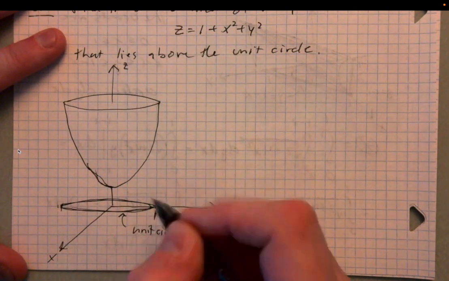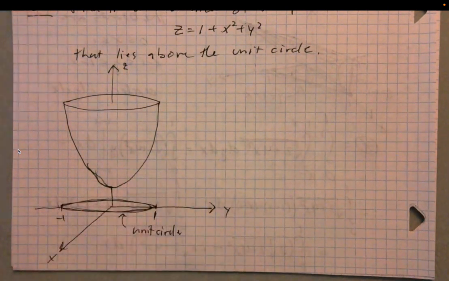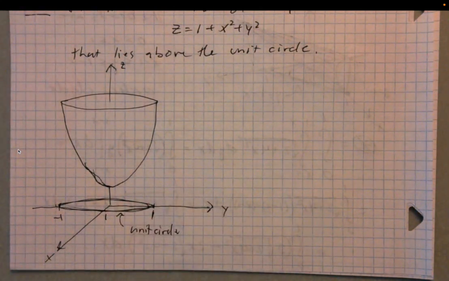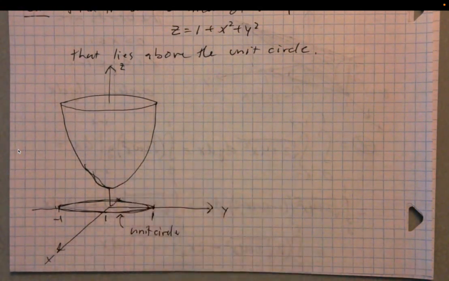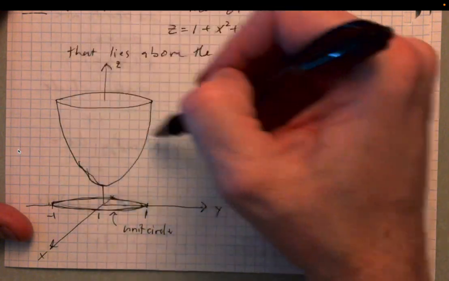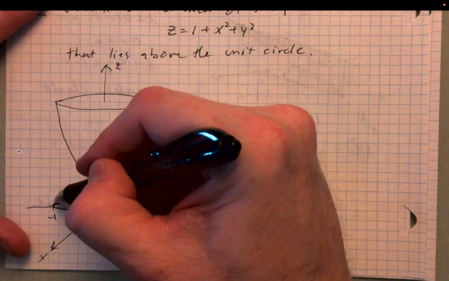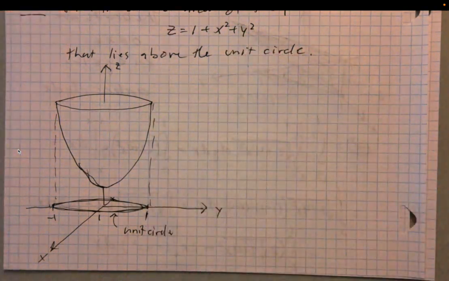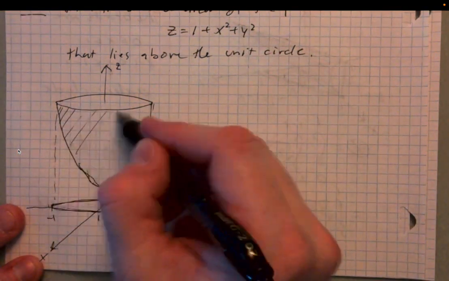Right, so that obviously means this is 1, and this is -1 on the y-axis. This over here would be 1 on the x-axis, and then over here you would have -1. Okay, and so this would extend indefinitely, but what we're interested in is just this part because it's the part that's above the unit circle. Okay, so we want to know the surface area here.